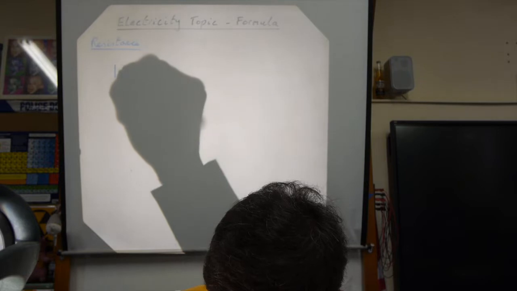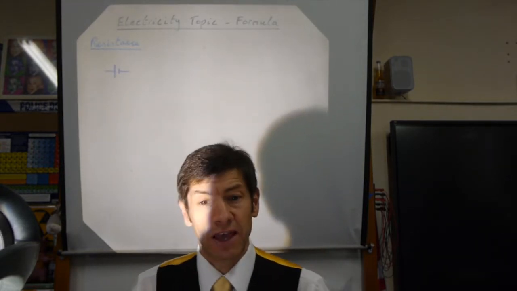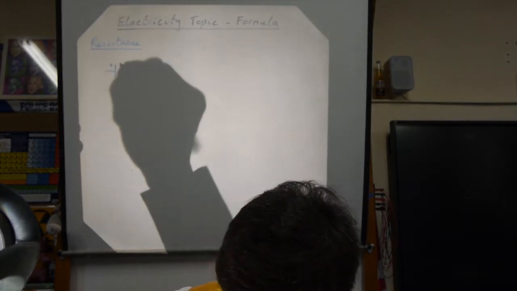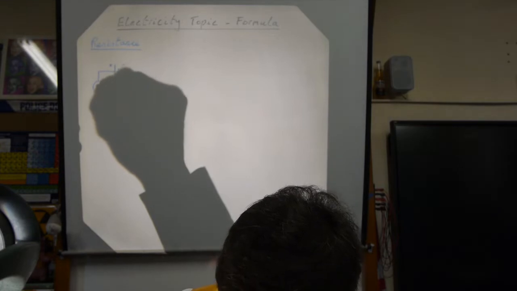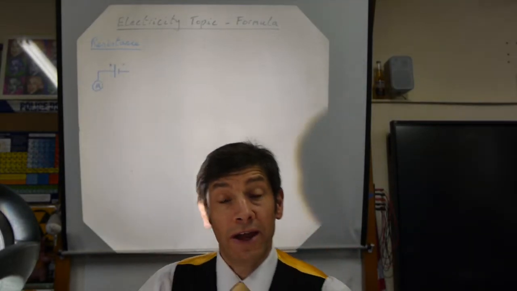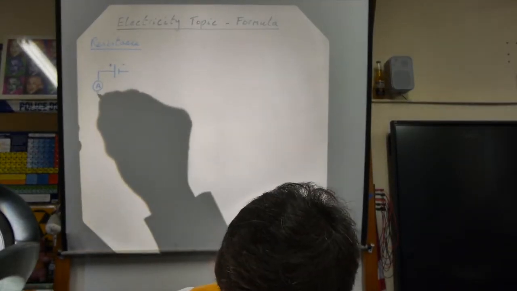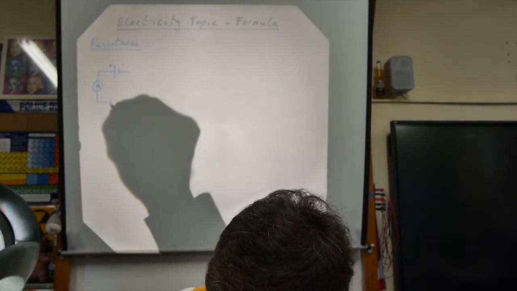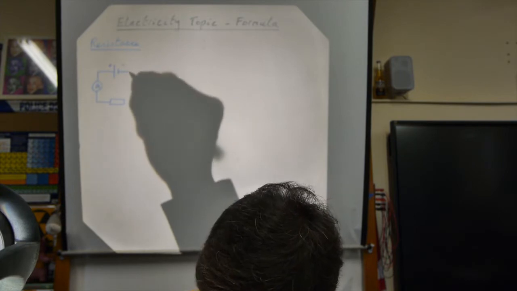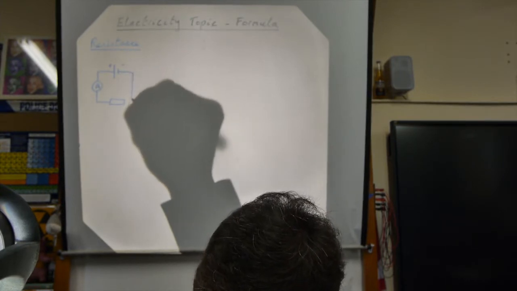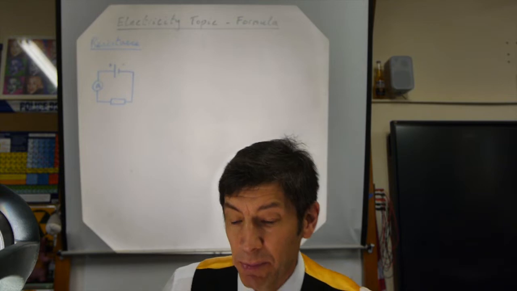So we've got our power supply here. You might call it a battery, but that's really a cell. We've got positive, negative. We're going to measure the current flow in the circuit with an ammeter in series. We're going to go through the thing that takes energy from the electricity, so that's the fixed resistor, and come back to the power supply, the battery.